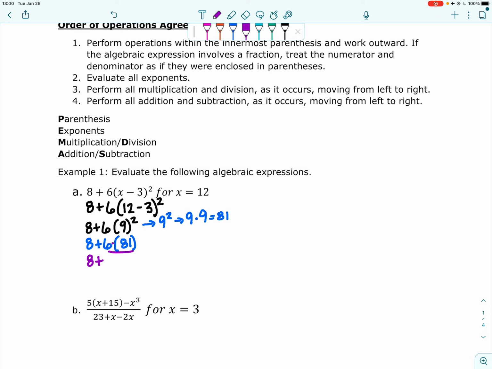So 6 times 81 is 486. There's no other multiplication or division, so the last thing to do is that addition, 8 plus 486. So the answer is 494.